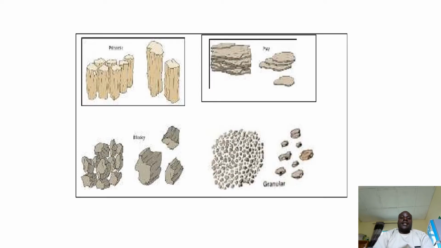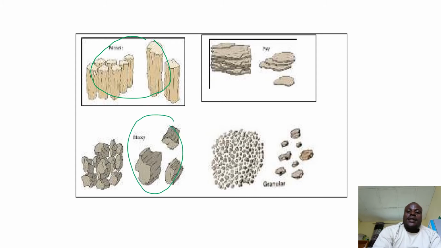I think this diagram tries to show how they look in shape and maybe arrangement. This one indicates prismatic. This one indicates blocky. This one indicates granular, and this is plate.